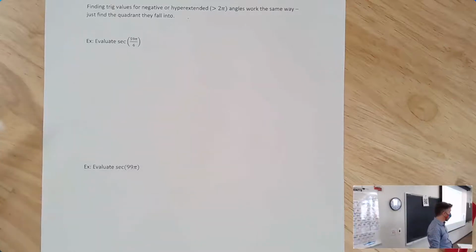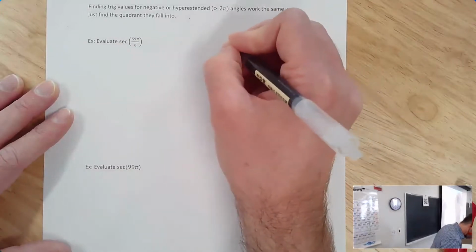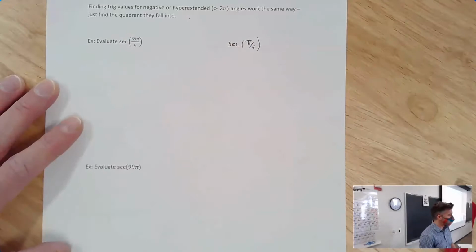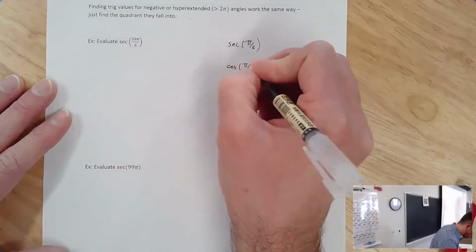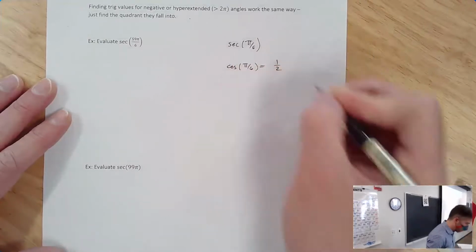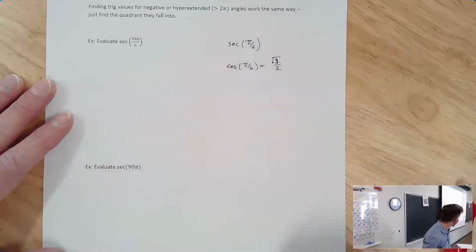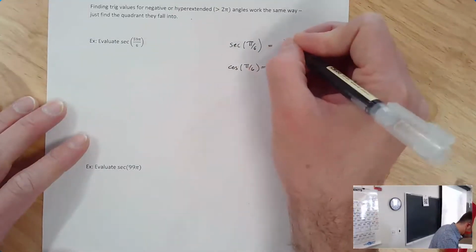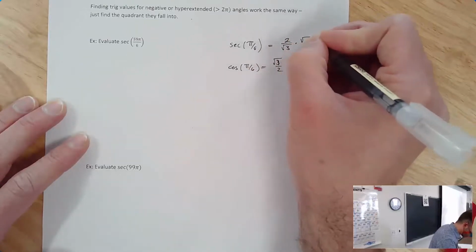Pi over 6, right? So right off the bat, we can say I'm dealing with secant of pi over 6. I never know what that is because I can't remember secant for the life of me. And I know that cosine of pi over 6 is 1/2. Nope, it's not. It's root 3 over 2. Sorry about that. So I know that secant of pi over 6 is the reciprocal, which is 2 over root 3, and then I might rationalize it.